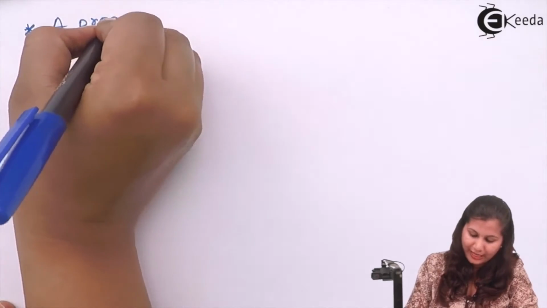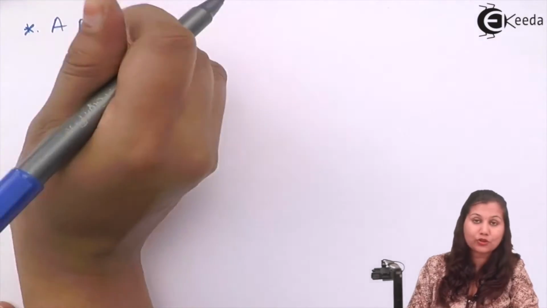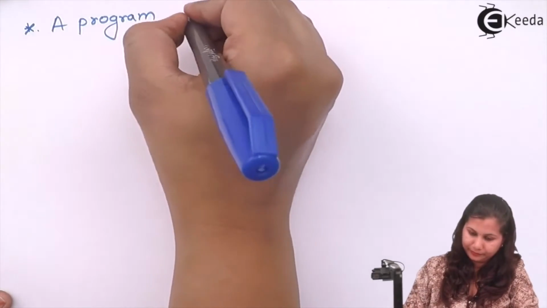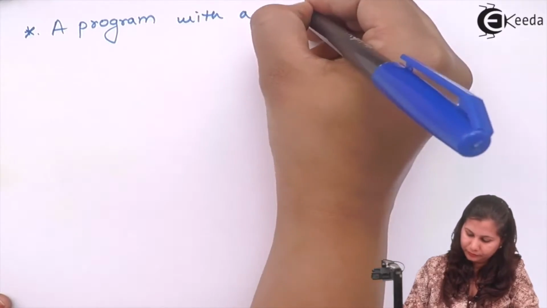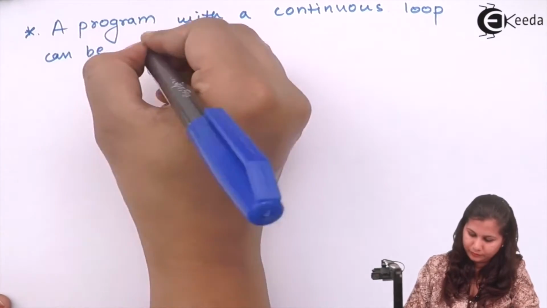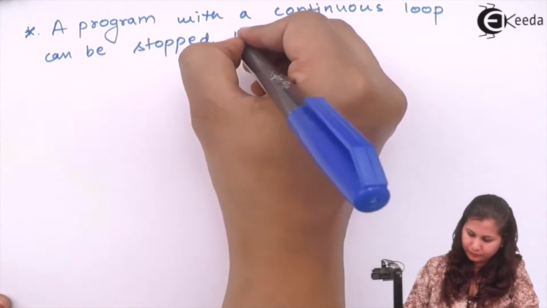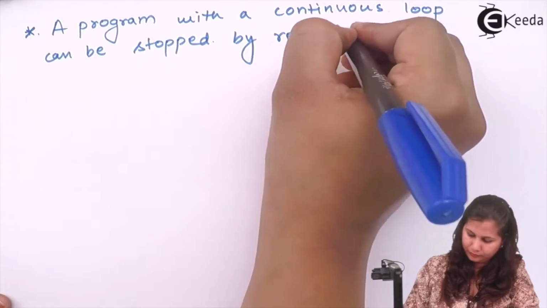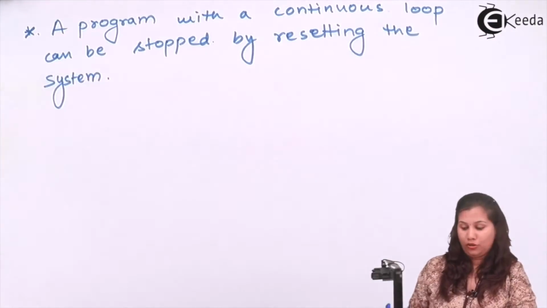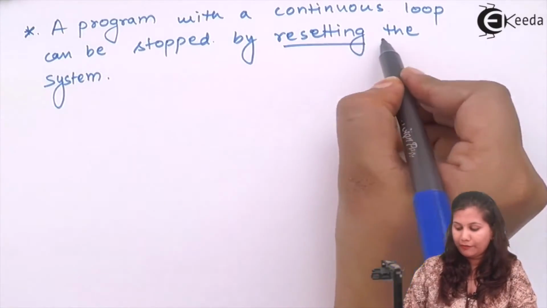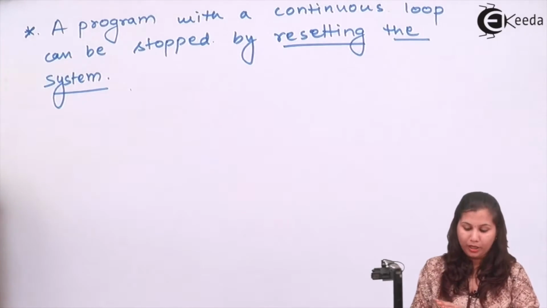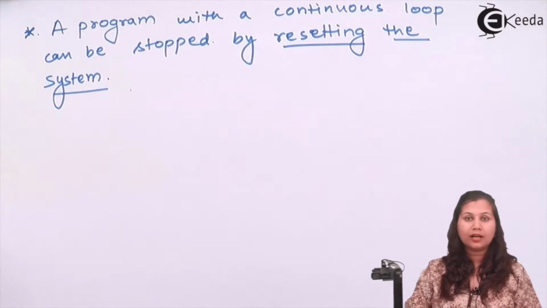So a program which has a continuous loop can be stopped by resetting the microprocessor. If you want to stop, you have to reset the system. So this was the continuous loop. Now the second type of loop was the conditional loop.